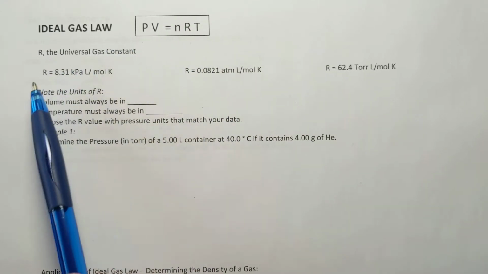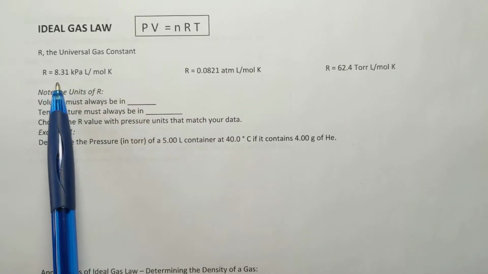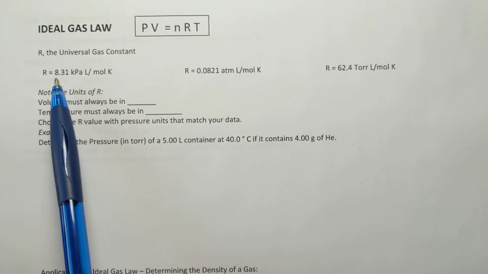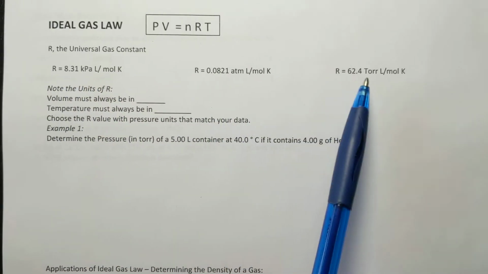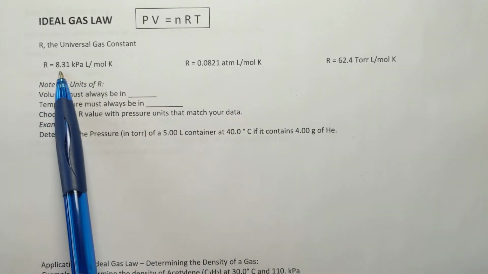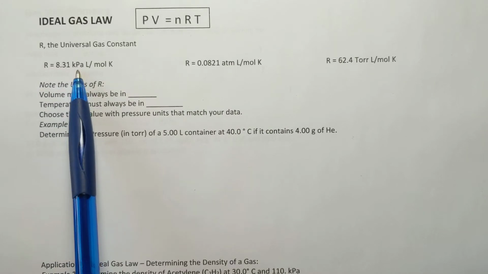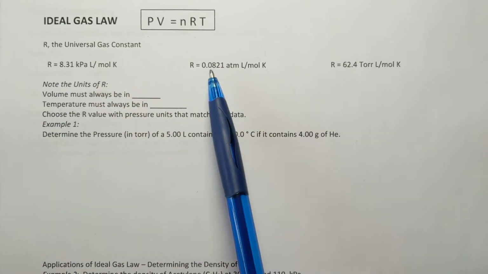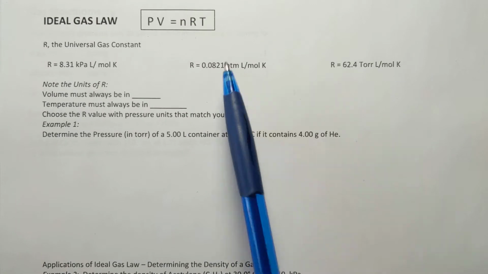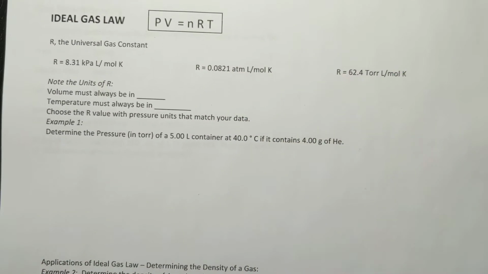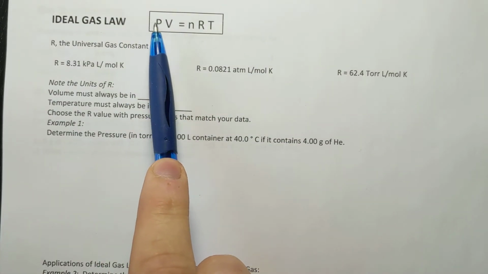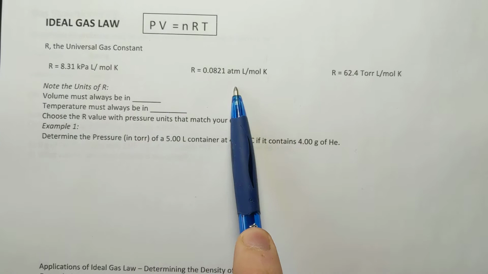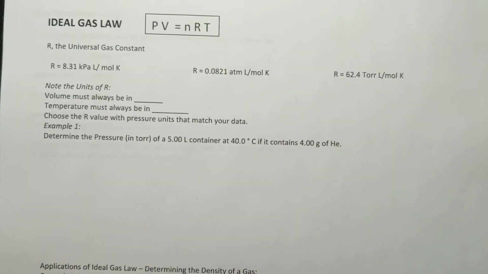All you need to know is that these are the values for R, and they are different because this is the R value if pressure is in kilopascals, this is the R value if pressure is in atmospheres, and this is the R value if pressure is in torrs. So when you use the ideal gas law, you have to look at what the units of pressure are and then use the correct universal gas constant.